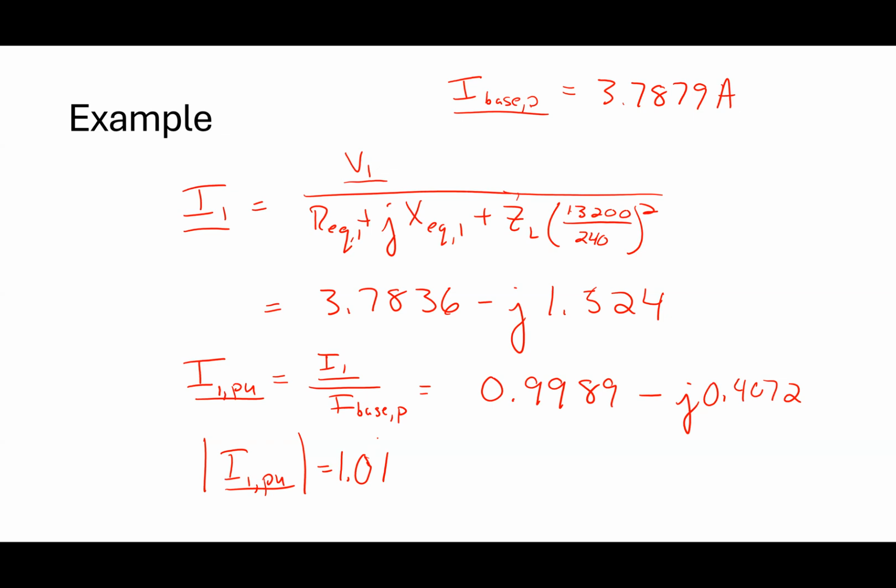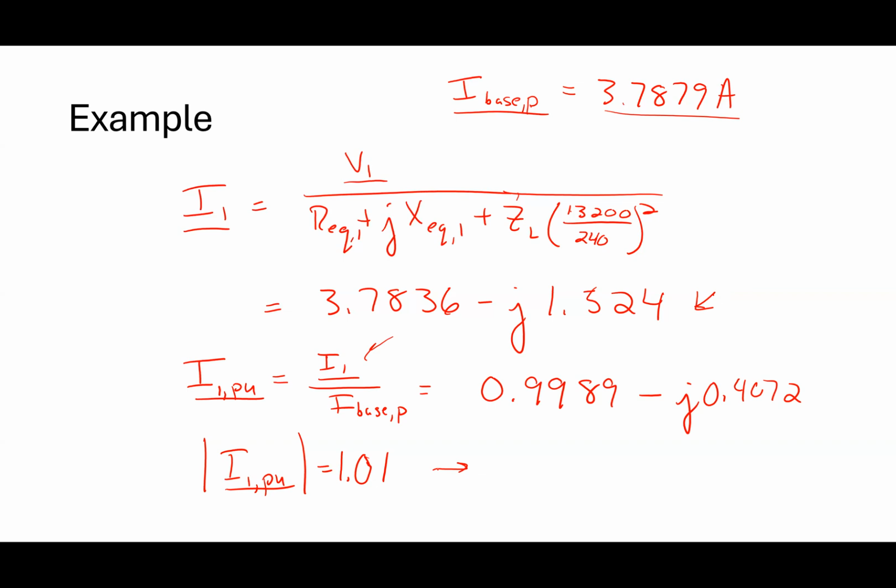I'm dividing by the base value, so basically I'm normalizing. The rated current that I have on the primary is 3.78. I divide the current that's actually flowing by that rated value, and I get 1.01, which means that I'm drawing 101% of the rated current.